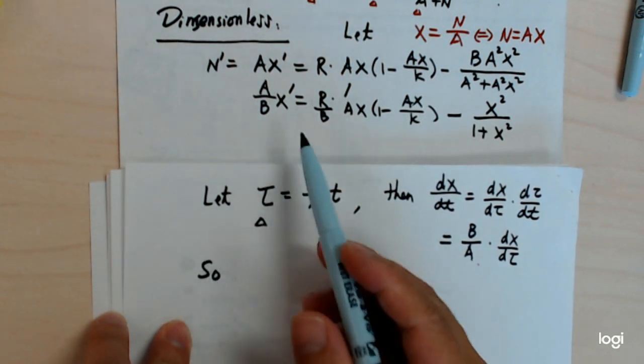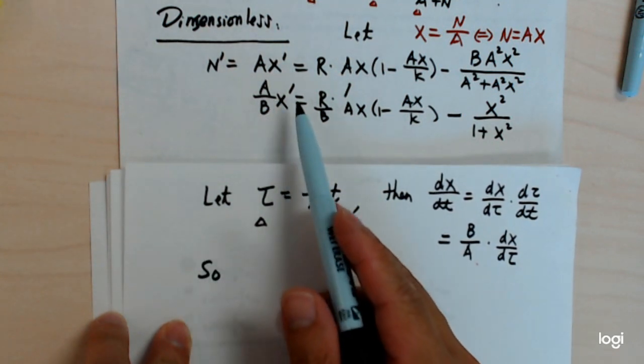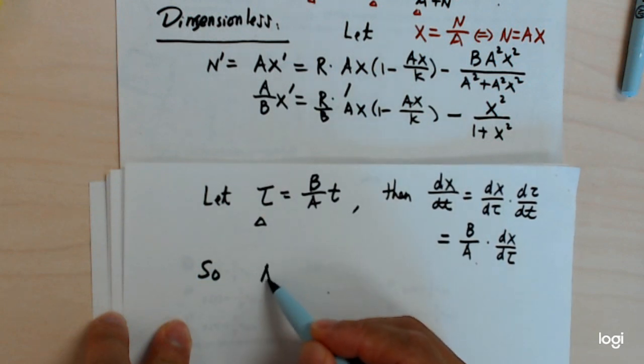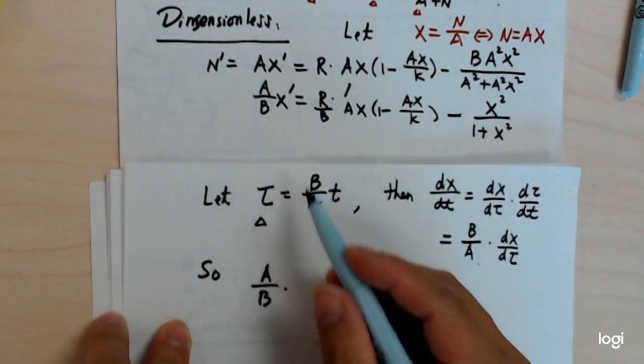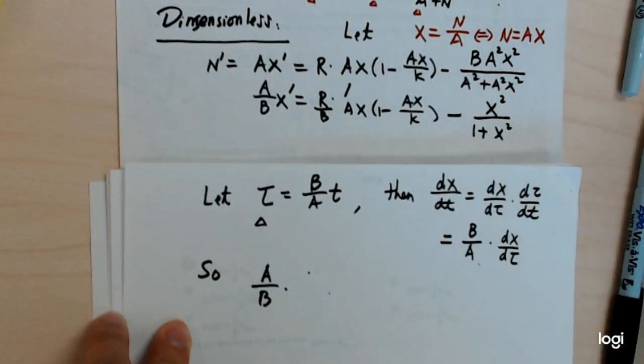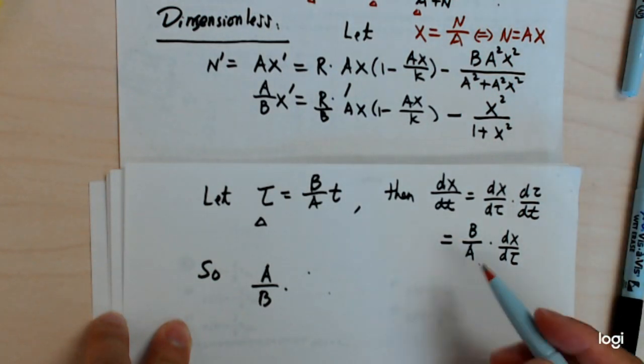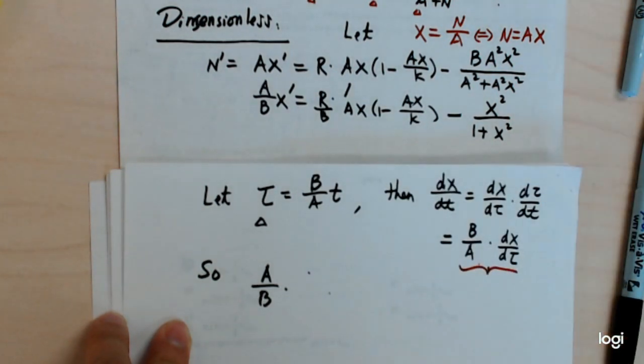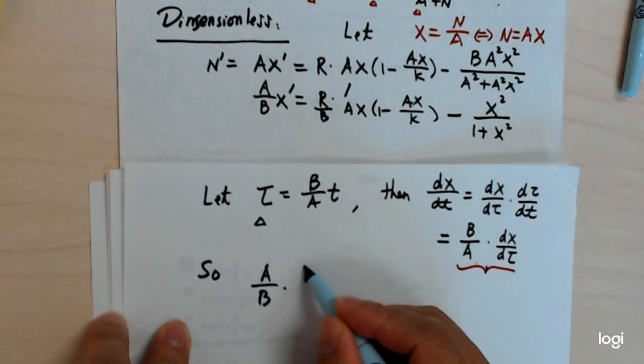So this a over b dx/dt is the same as a over b. Now dx/dt is this term right here, so I'm going to replace it with b over a.